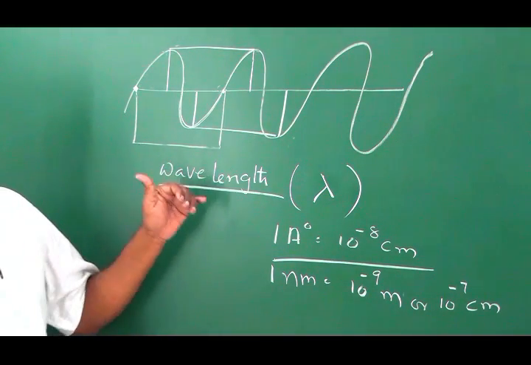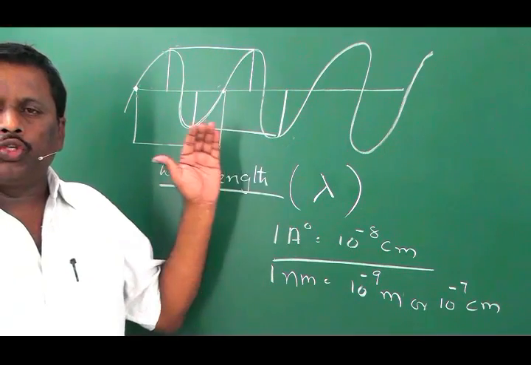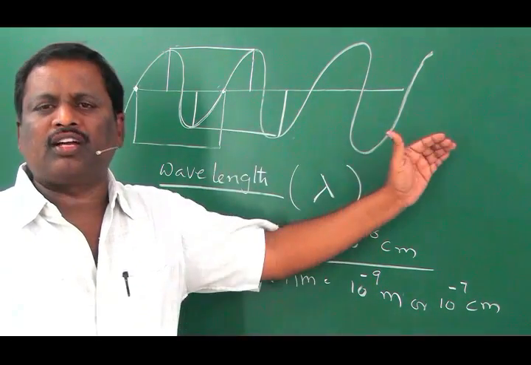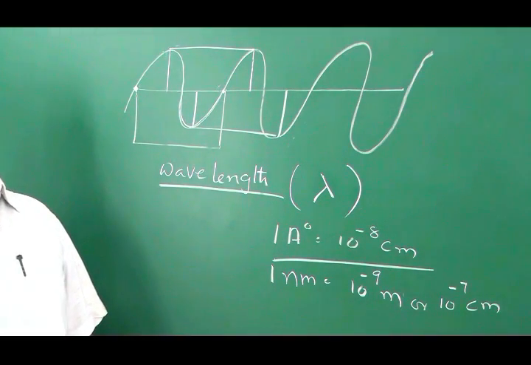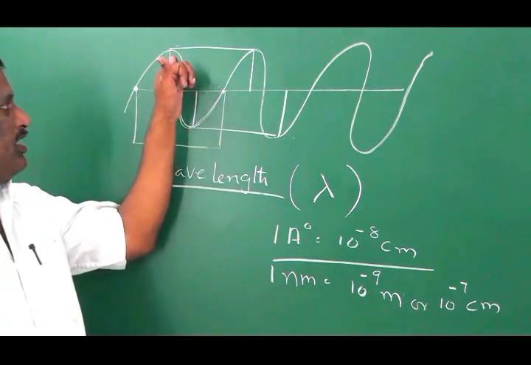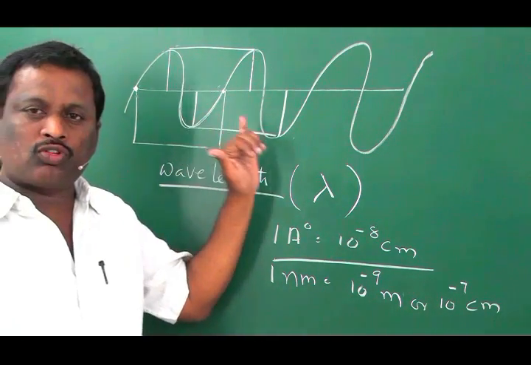So here the wavelength means the distance between two successive similar points along the path of the light. Those successive similar points may be two successive crests or two successive troughs.